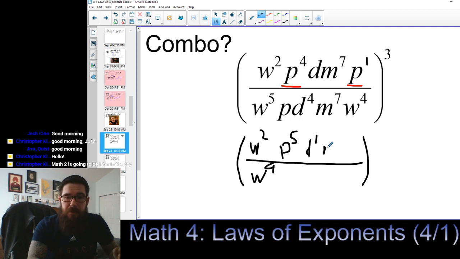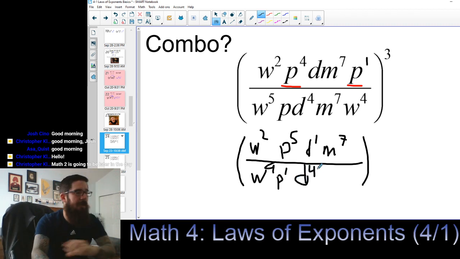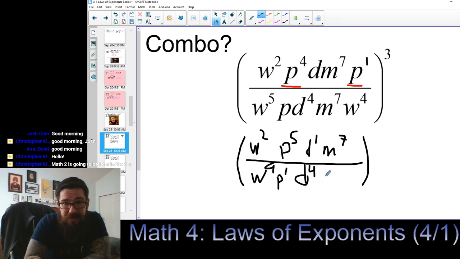Then I'm going to put my m to the 7th because there's no other d's or m's up top. If I go down to the denominator, I've already dealt with the w's. I've got just one p right here, p to the 1st. D to the 4th, there's no other d, so I'll just copy that guy. I've just got m to the 7th, right? There's no other m's down there. At this point, and this is all still raised to the 3rd power.